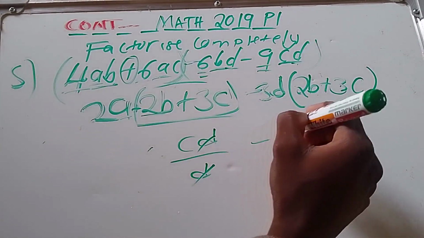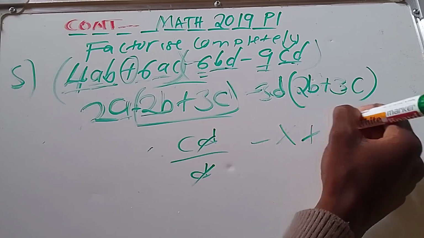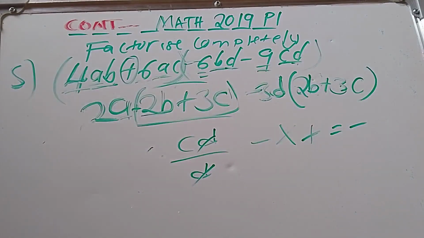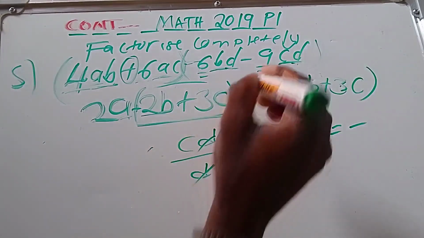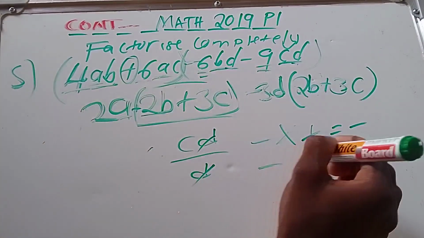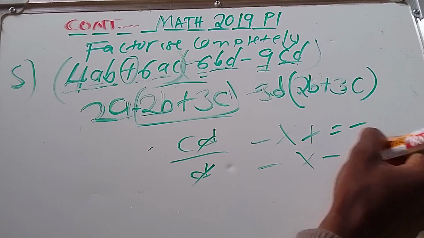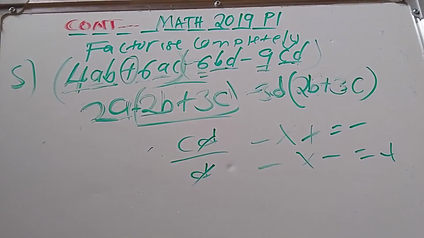Because negative times positive, the answer is negative. If you wrote a negative sign here, then it means you have changed the sign, because negative times negative, the answer is positive.